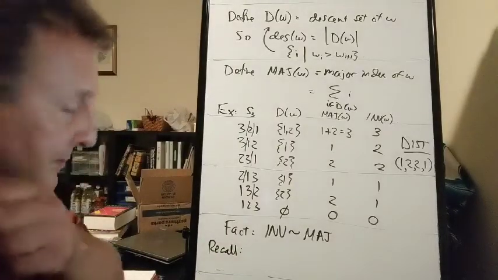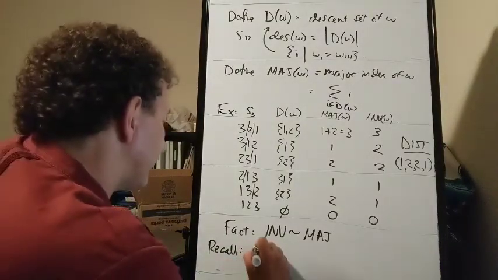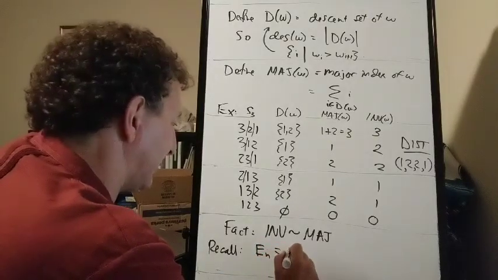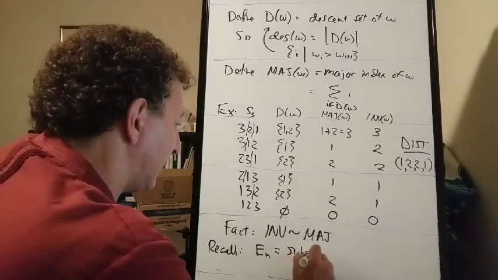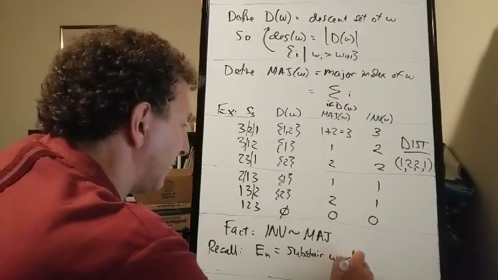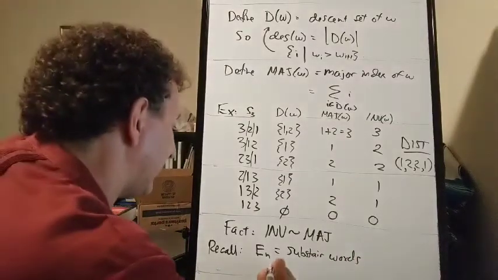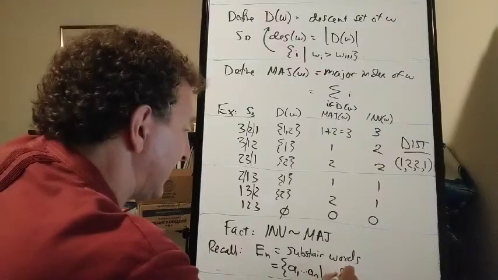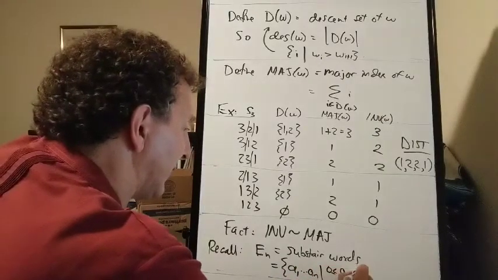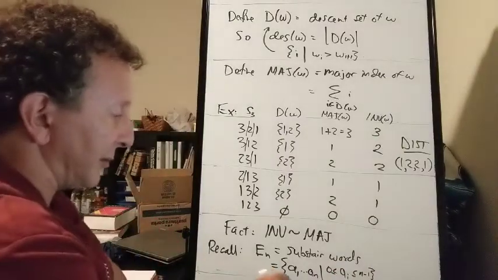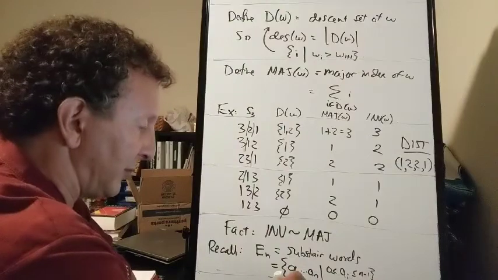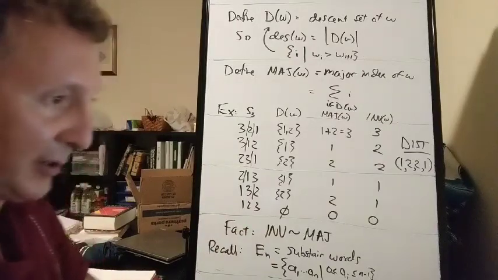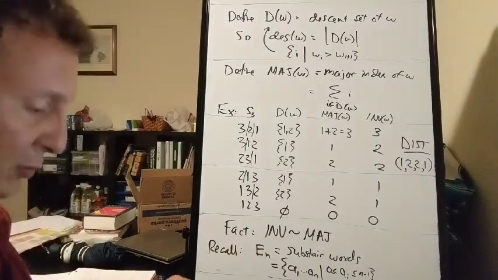Now recall that we let E_n be the set of substair words of length n. So that's the set of all words a_1 through a_n such that a_i is between 0 and n minus i. So the first letter is at most n minus 1, the next letter is at most n minus 2, next letter is at most n minus 3. So these are words that would fit under a stair histogram if we drew the histogram of each word.